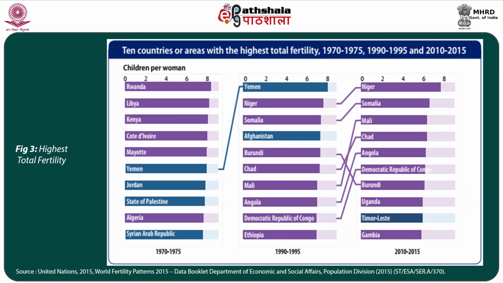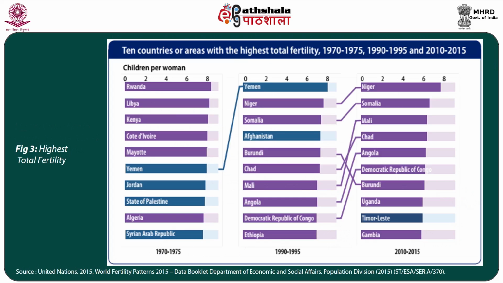For instance, during 1970-75, the top 10 countries with highest total fertility included Rwanda, Libya, Kenya, even Jordan, Algeria and Syrian Arab Republic.